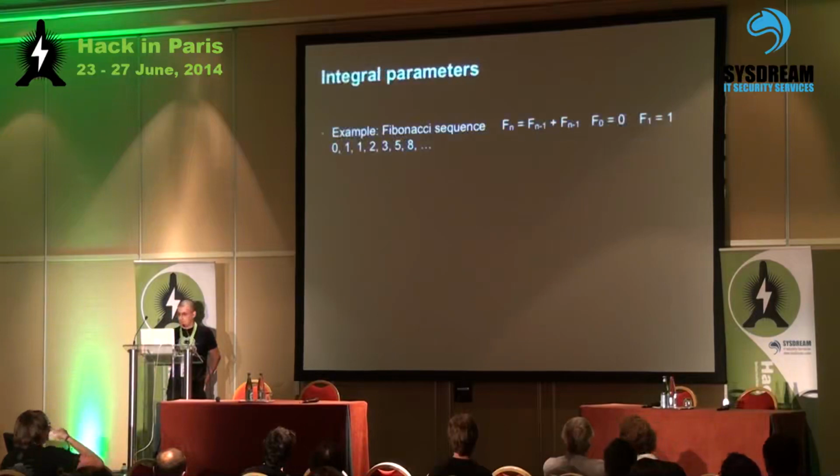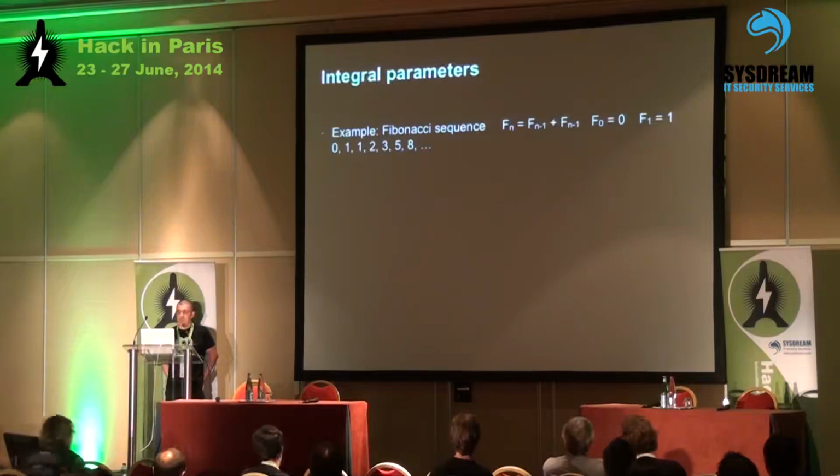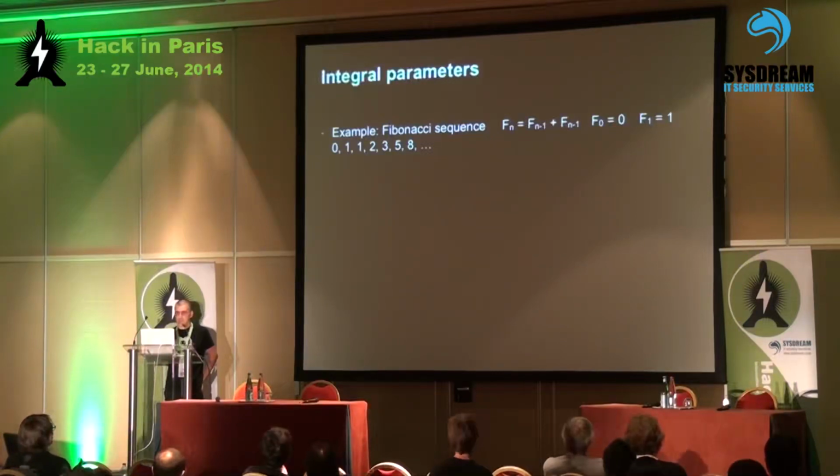I will give an example of a class with an integral parameter. For example, I'm trying to represent the Fibonacci sequence at compile time, not at runtime, at compile time. The Fibonacci sequence is related to the golden number and things like that. It's simply the sum of the previous two items in the sequence.